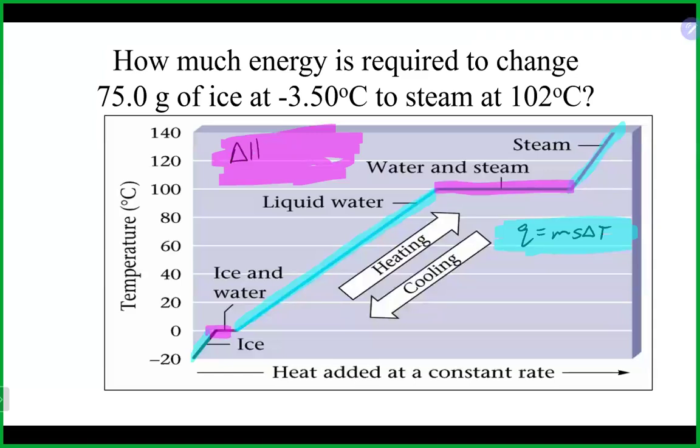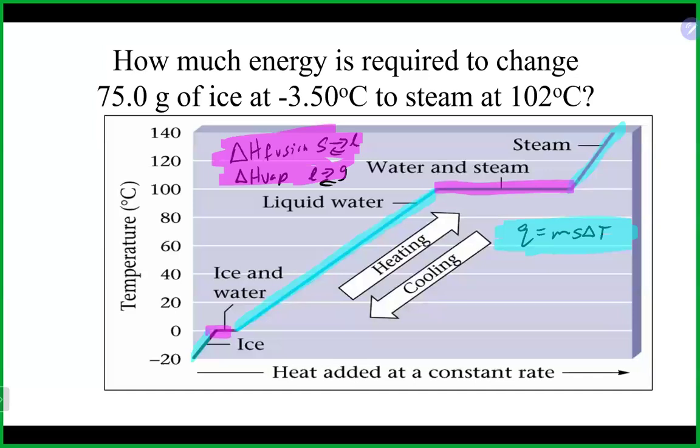You use delta H of fusion if you're going from solid to liquid or backwards, and delta H of vaporization if you're going from liquid to gas or gas back to liquid. So sometimes it's a good idea to sketch up a little curve like this so you don't miss any of the steps along the way. Any questions on that?